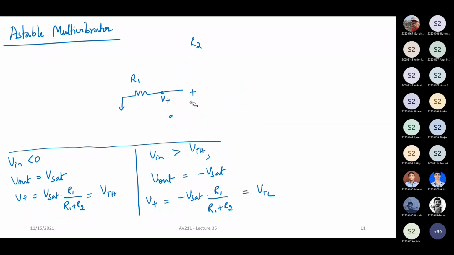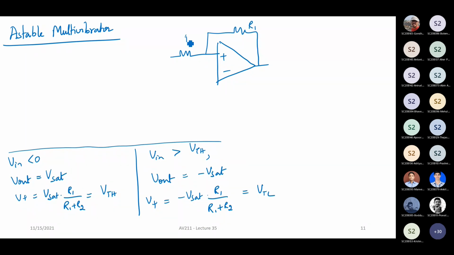Let me just push up this circuit. Sorry, this is R1, this is R2, this is Vout. Now what I'm going to do is put one RC circuit here.